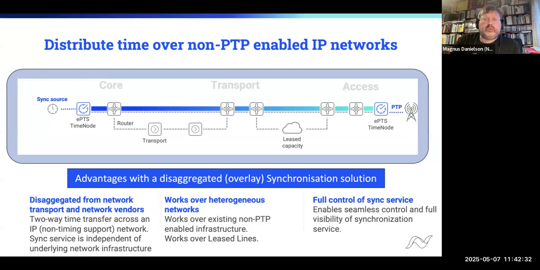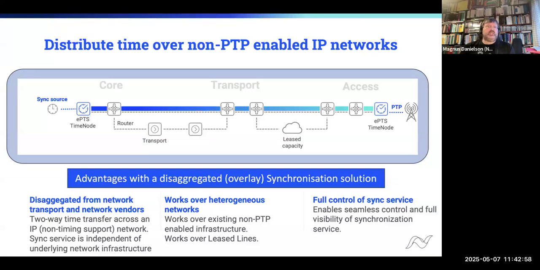When you transport time over non-P2P enabled networks, it's actually a situation in the WAN. We could either operate over a fixed part of our own network, but here we also see, for instance, leased capacity.